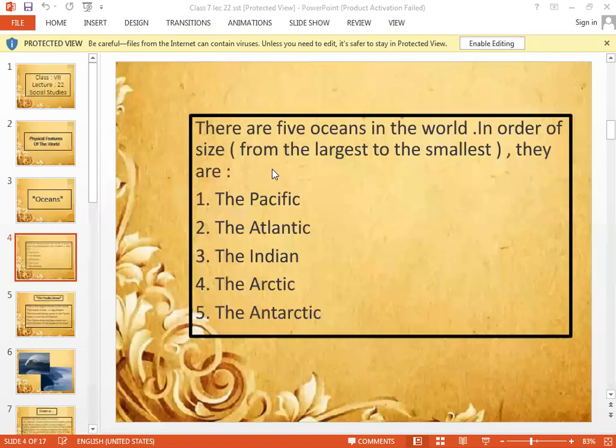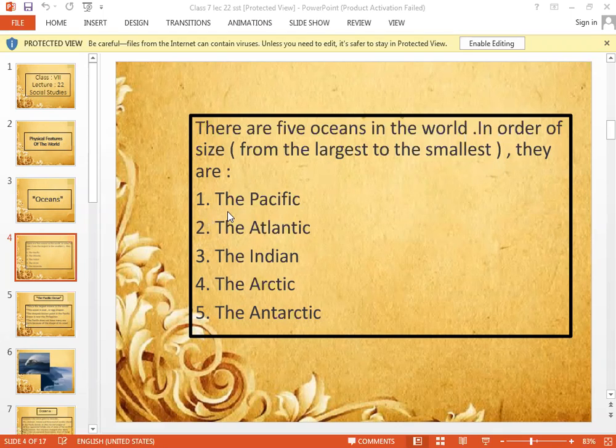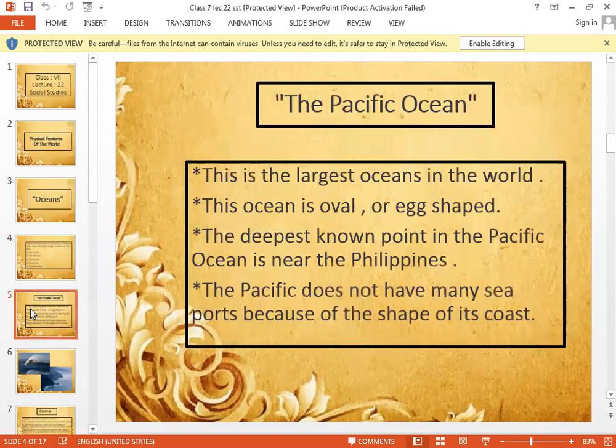Okay. We are going to discuss these five oceans in order of size from the largest to the smallest ocean. So, first of all, we will discuss the Pacific Ocean. So this is the Pacific Ocean.